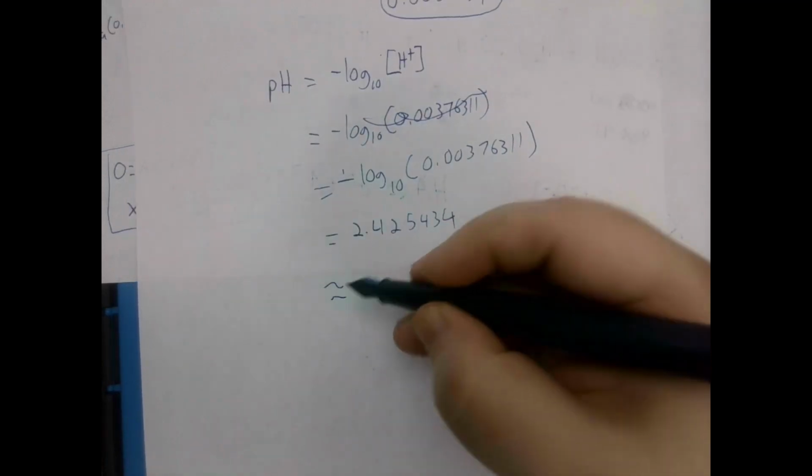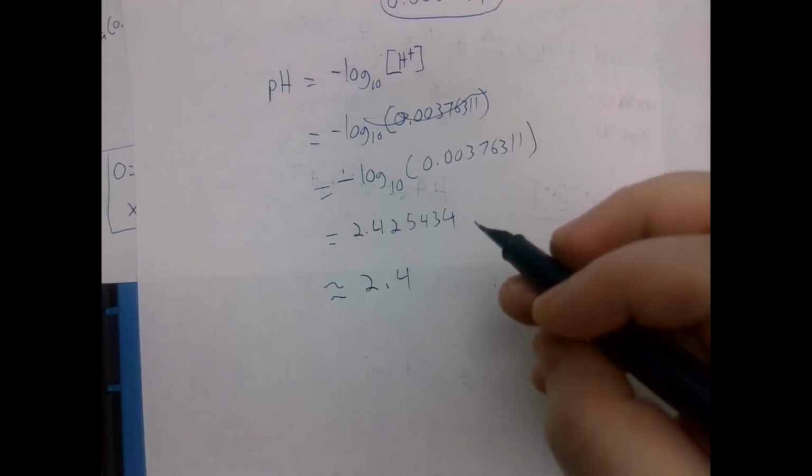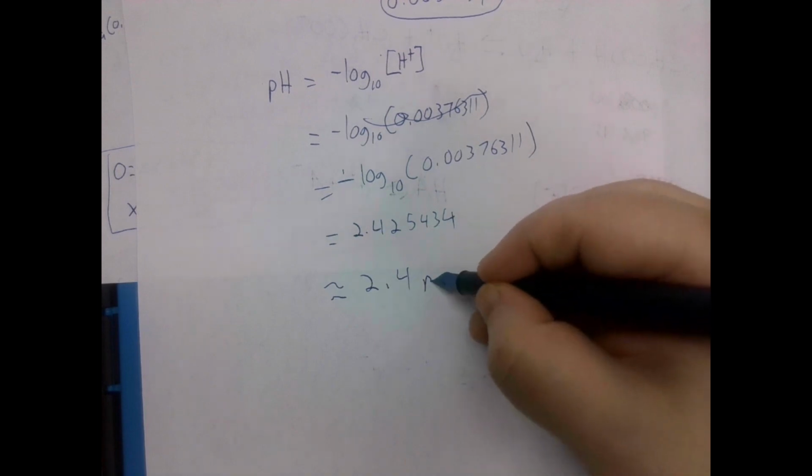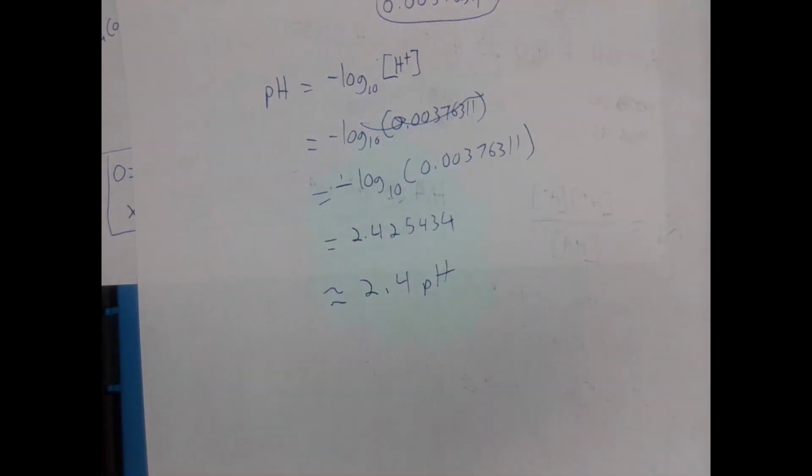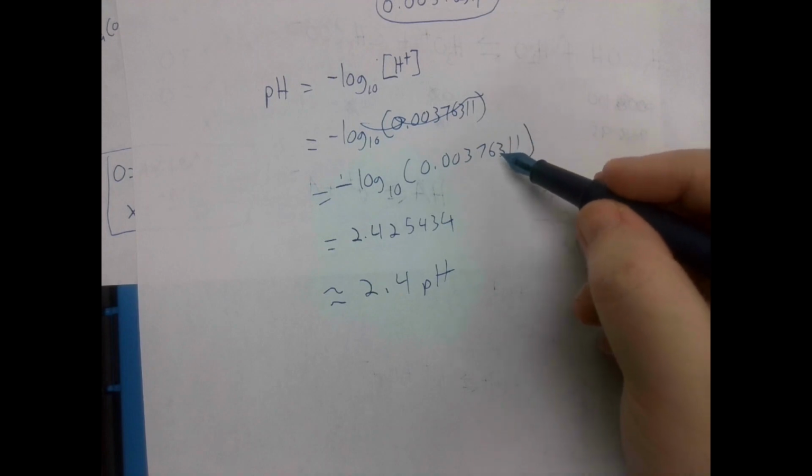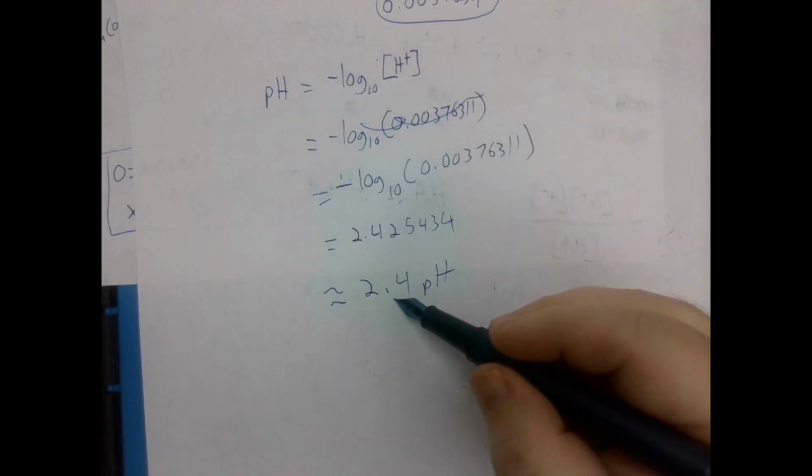So approximately 2.4 pH. And note that if I use the approximate number, it still rounds to two significant digits, 2.4.